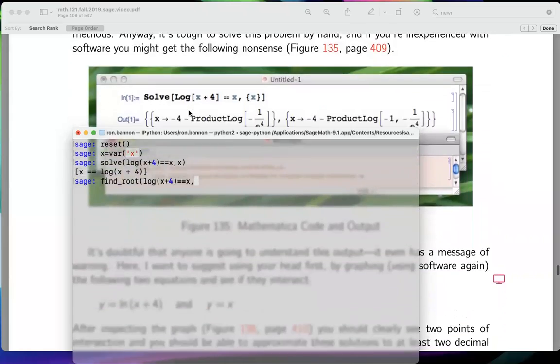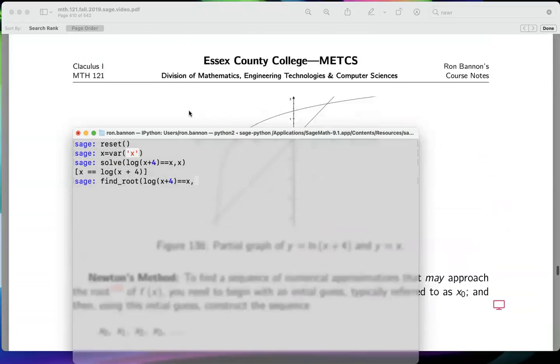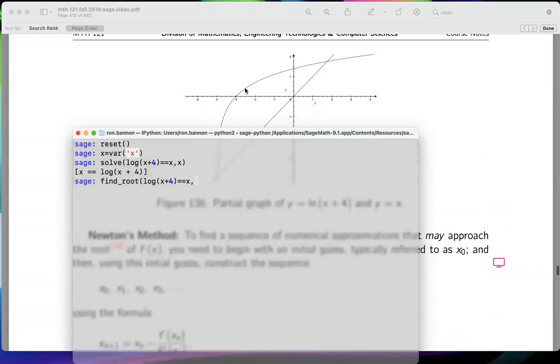So let me scroll through the notes, and I want to tell you there's a picture. Now, someone says, what's the picture of? This is the picture, and you should notice from Math 119, this curve over here is a picture of log X plus 4, and this is the picture of the line Y equals X. So I'm going to claim over here, I'm seeing a solution, and looking at the picture over here, it looks like it's between 1 and 2.